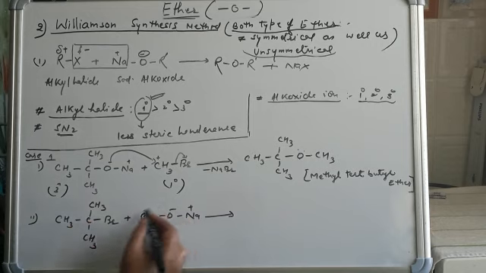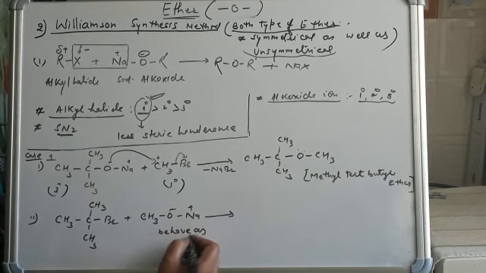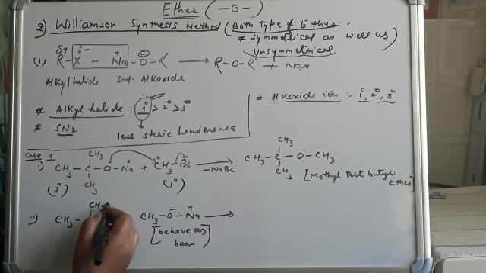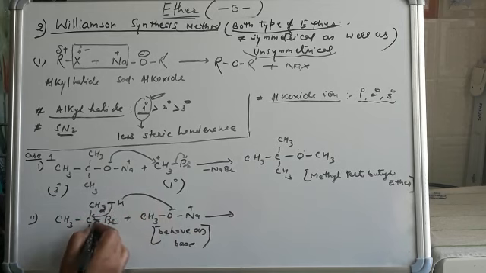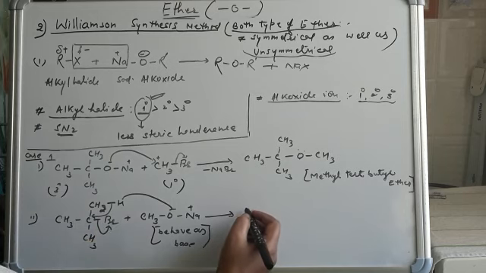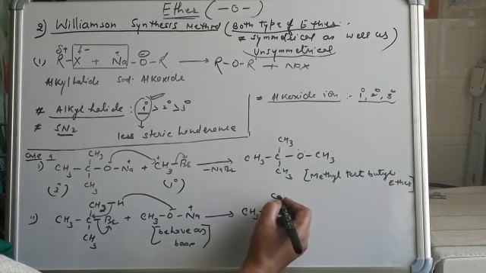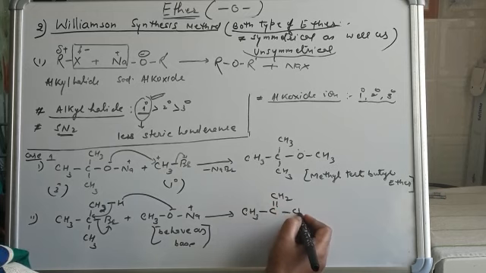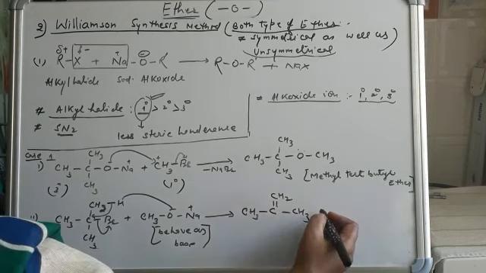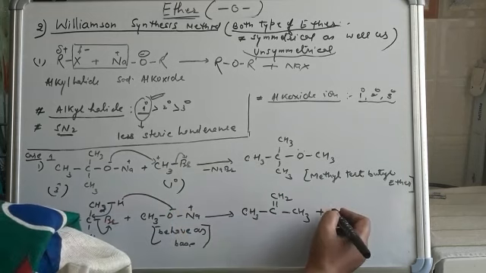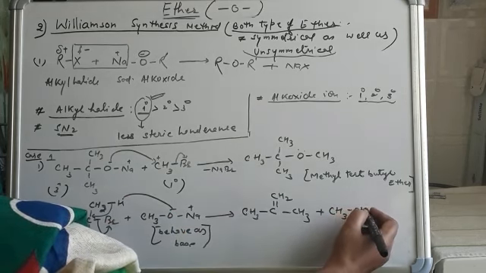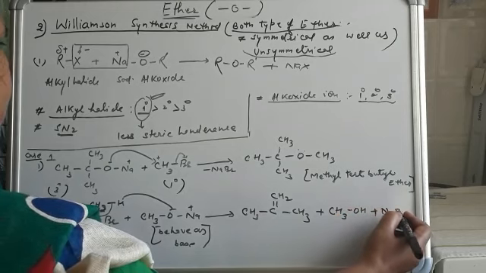So here this particular reagent behaves as a base. It takes the proton from here, this bond shifts, and this leaving group is eliminated. So the formation of alkene instead of ether, as well as CH3OH, alcohol, and sodium bromide.